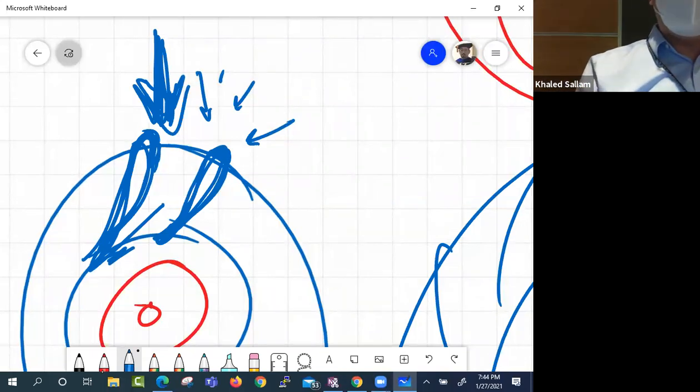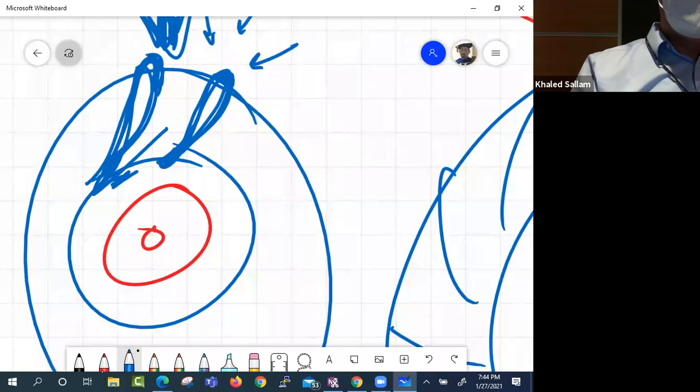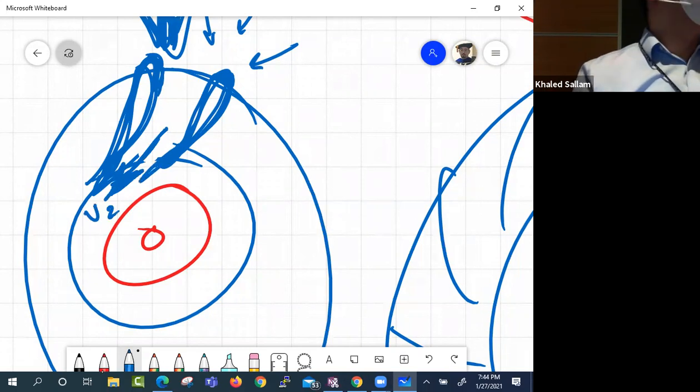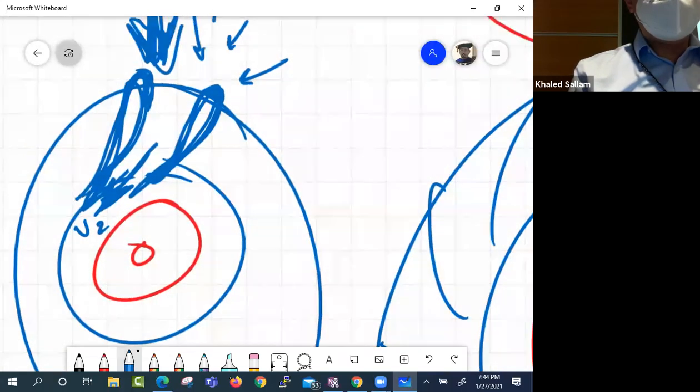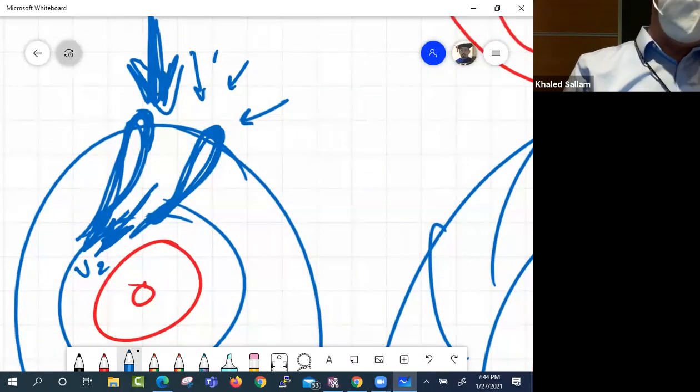And the second thing I'm trying to do is, this is the V2 exit, and I'm trying to align this direction with it, because this angle is what will determine the exit direction. But we shouldn't call it V2, we should call it V1, because that is actually V1 for the rotor.